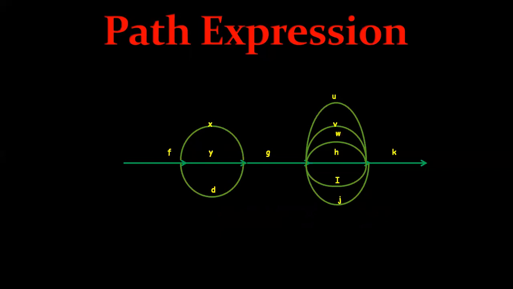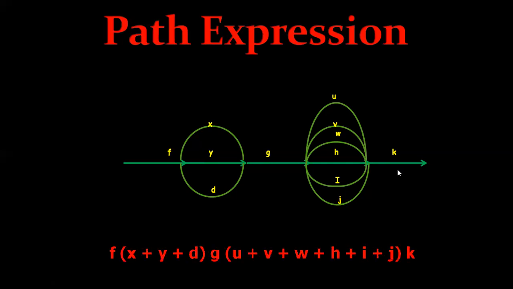For this particular figure, the path expression will be f of x plus y plus d into g of u plus v plus w plus h plus i plus j into k. So this is the path expression for this figure.